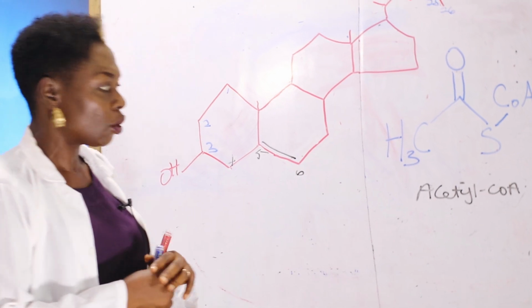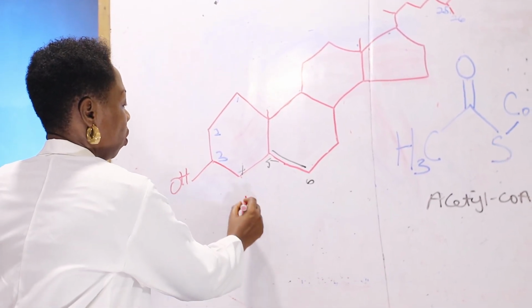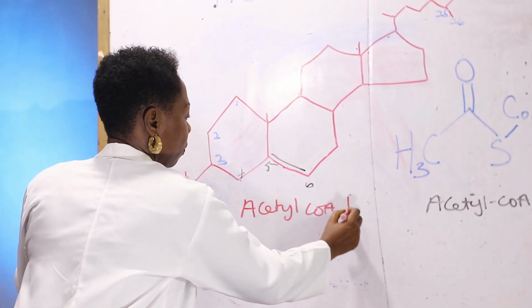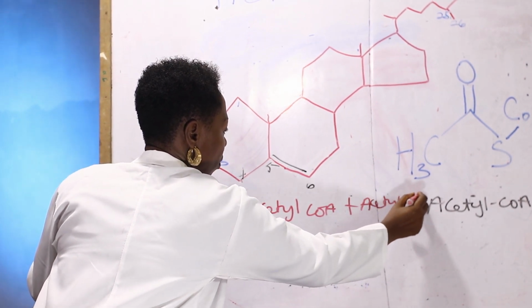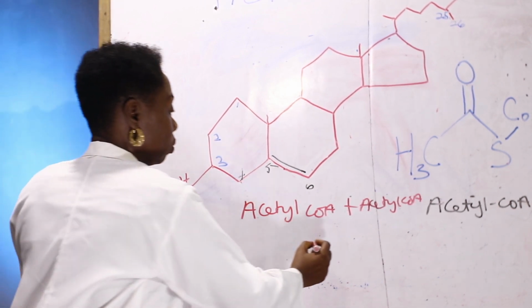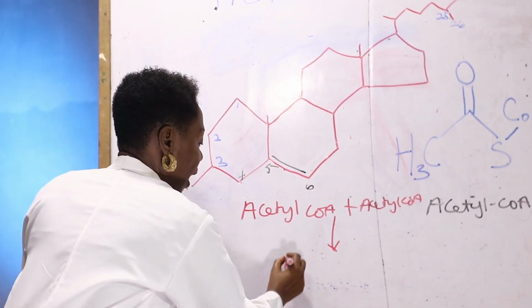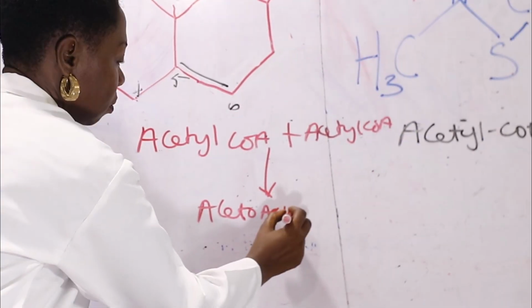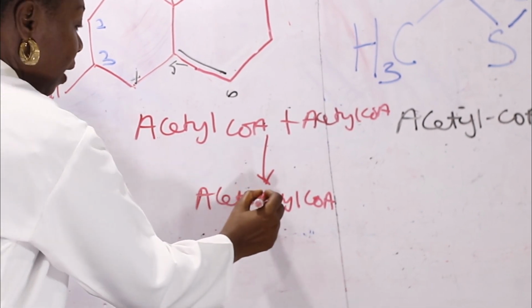Now, let's go on. Beginning with acetyl-CoA, when you have a condensation of 2 acetyl-CoA molecules, you have the formation of acetoacetyl-CoA.